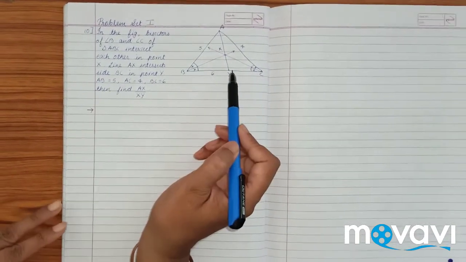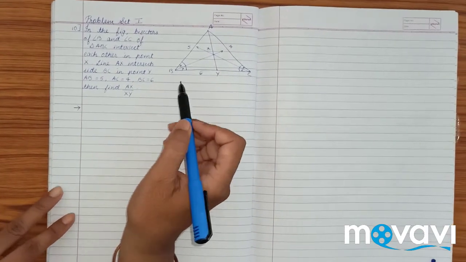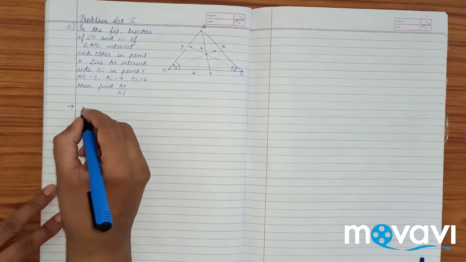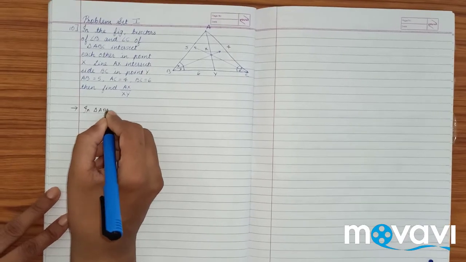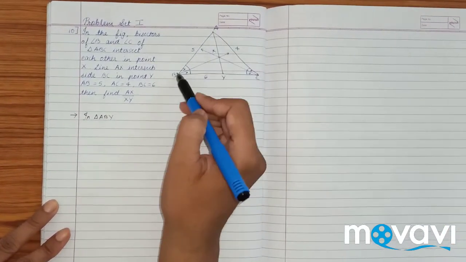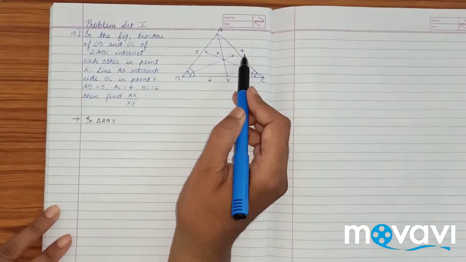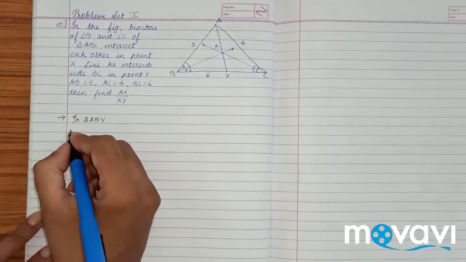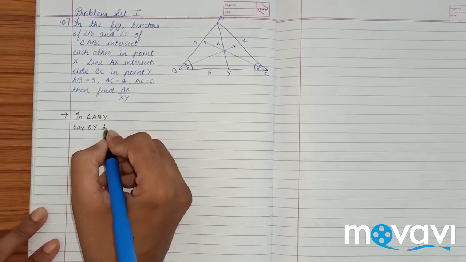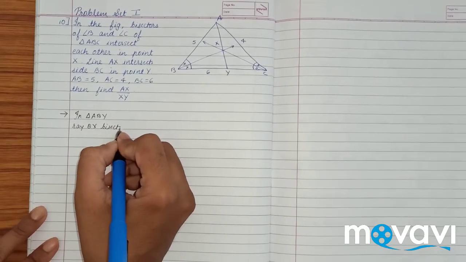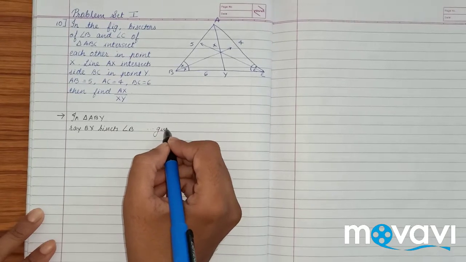To get this, we will make use of angle bisectors because it is given to us. So let us write down, in triangle ABY, I am considering this triangle because BX is given as bisector. So ray BX bisects angle B. This is given to us.